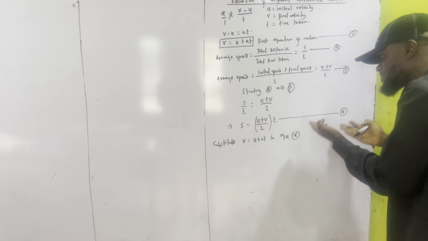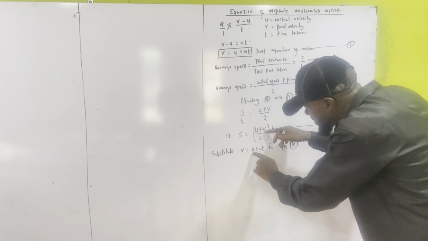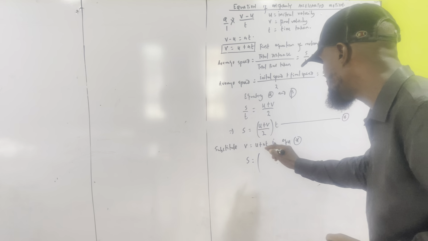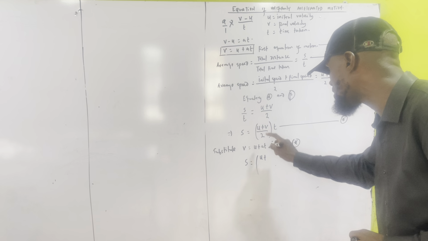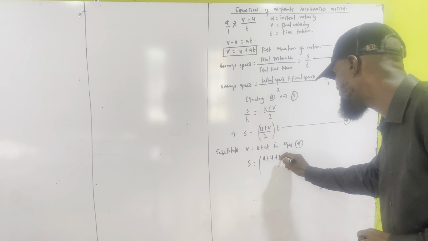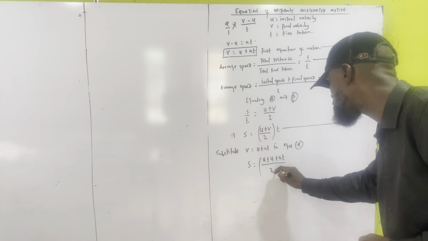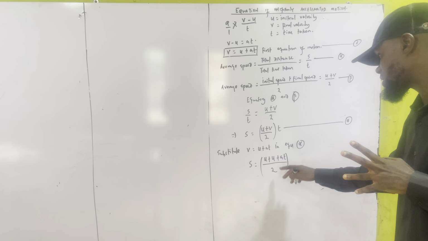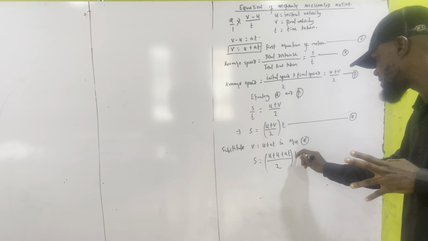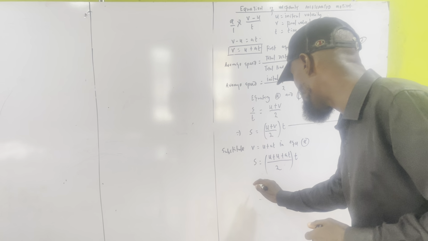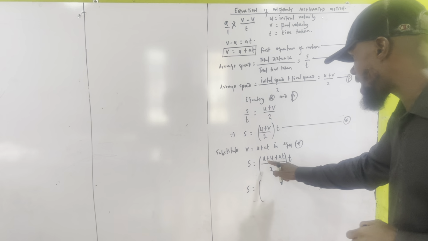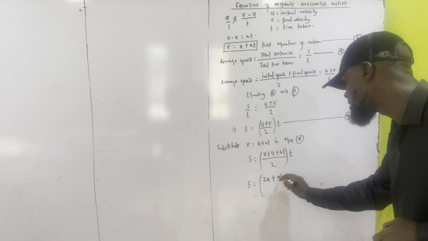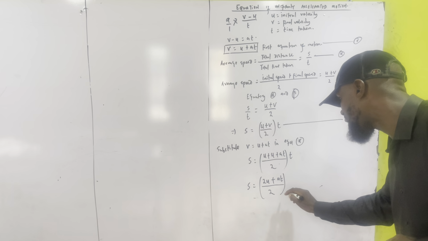Anywhere I see v, I replace it by u plus at, so s equals u plus (u plus at) divided by 2, multiplied by t. Adding u and u, we have 2u plus at divided by 2 multiplied by t.